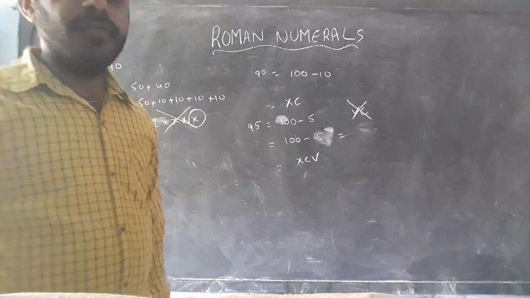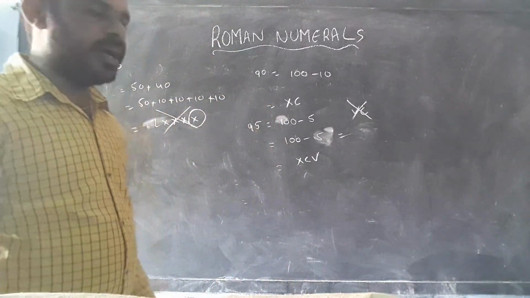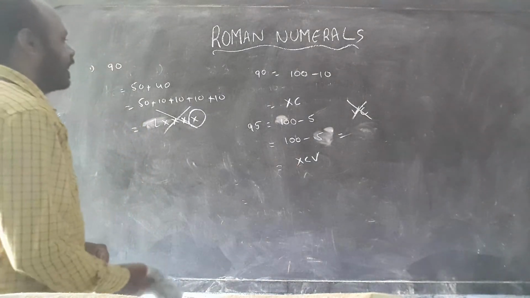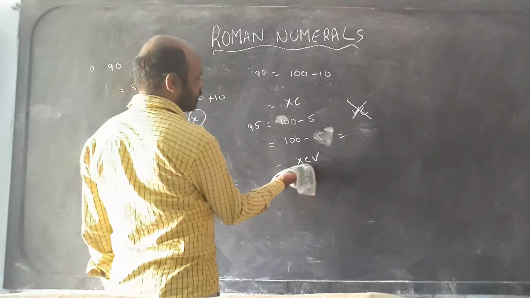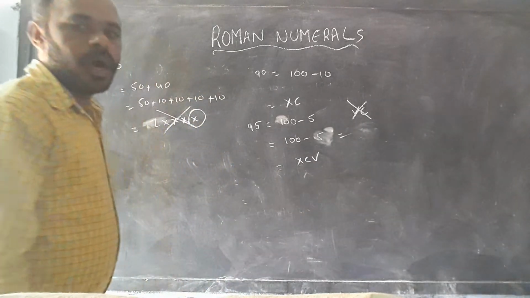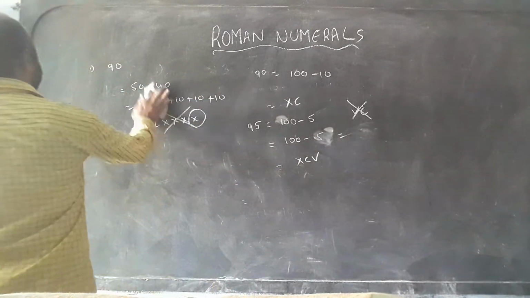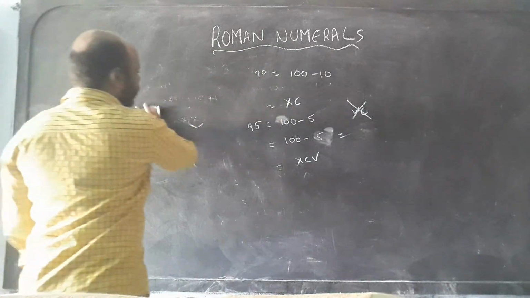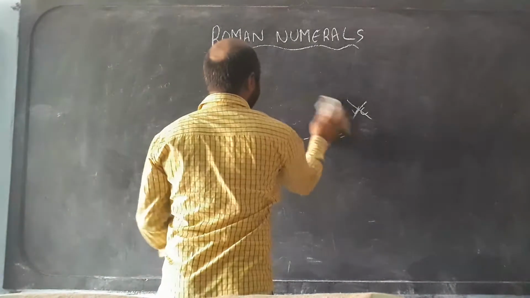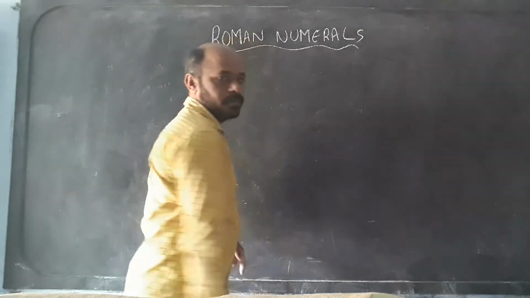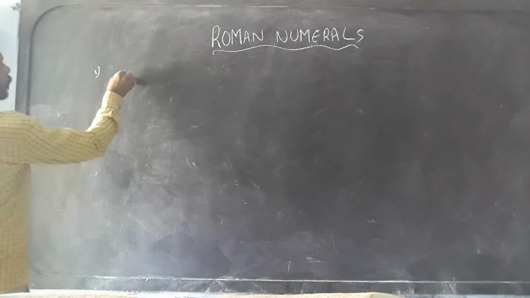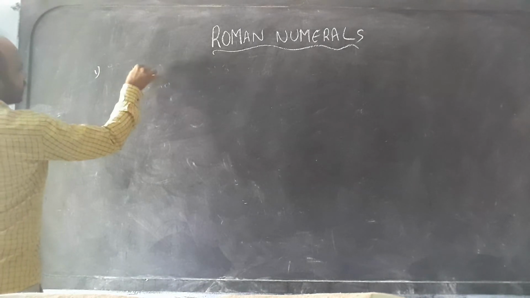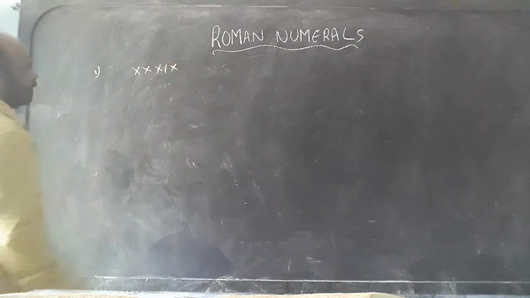This is how to write Roman numerals if the Hindu-Arabic numerals are given. The next one: if Roman numerals are given, how to write the Hindu-Arabic numerals. I will explain a few examples. See once, one more: XXXIX.